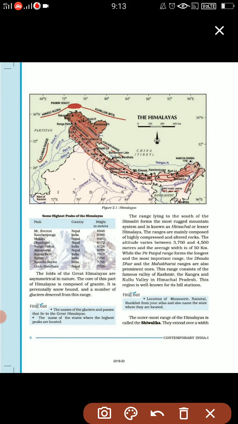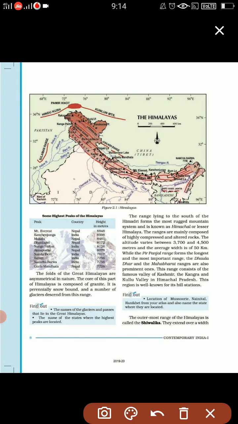After that, children, this range consists of famous valleys like Kashmir Valley, Kangra Valley, Kullu Valley. They all are here in this Himachal range, Himachal Pradesh. And this lesser Himalayas is very famous for its hill stations.